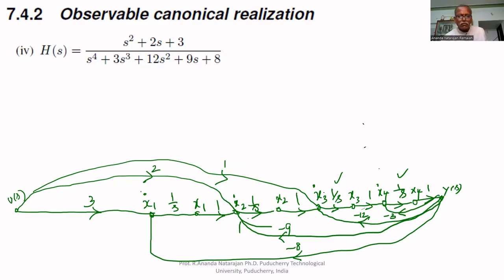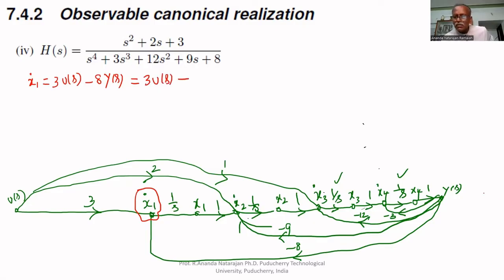Here you can write expression for this x1 dot. Therefore, we can write x1 dot equal to what are the inputs to this node? Minus 8 times y of s and 3 times u of s. This is equal to 3 times u of s minus 8 times y of s.